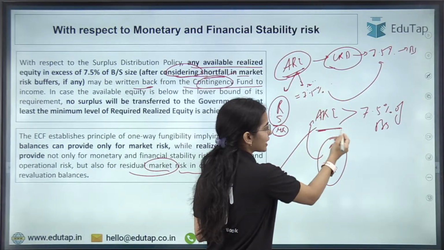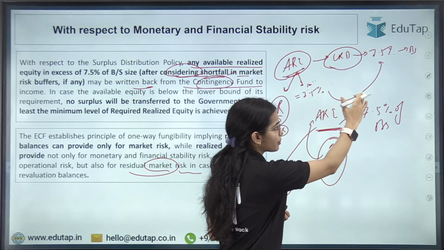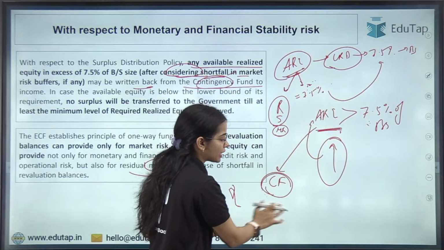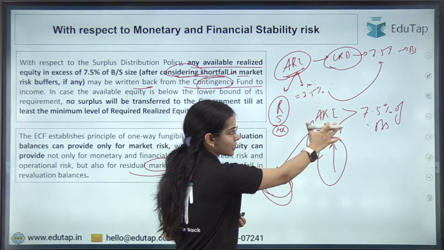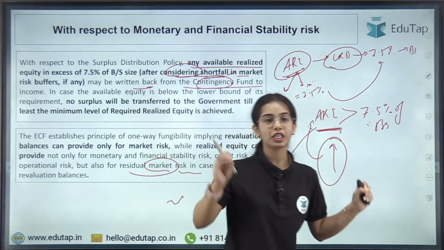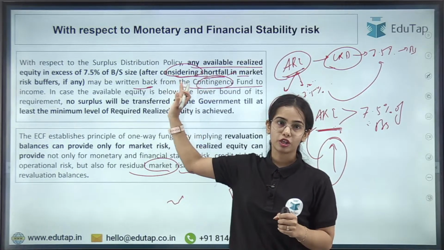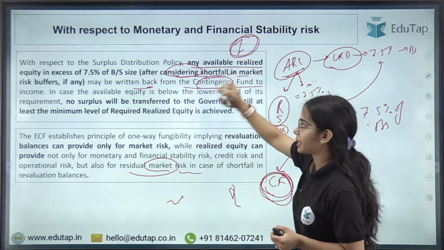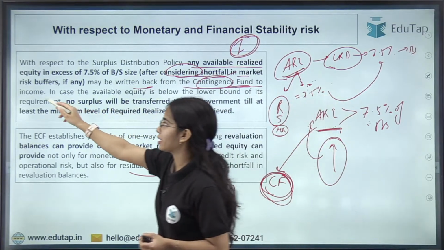So if the available realized equity has more money than what it should be keeping for the contingent risk buffer, whatever extra money is there should go from the contingency fund of the available realized equity to the income. Okay, this is the idea. This should go to the income.